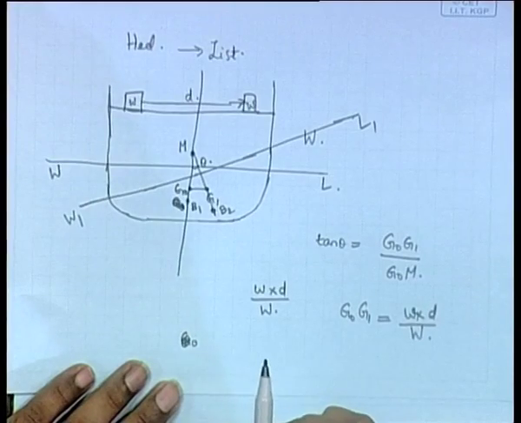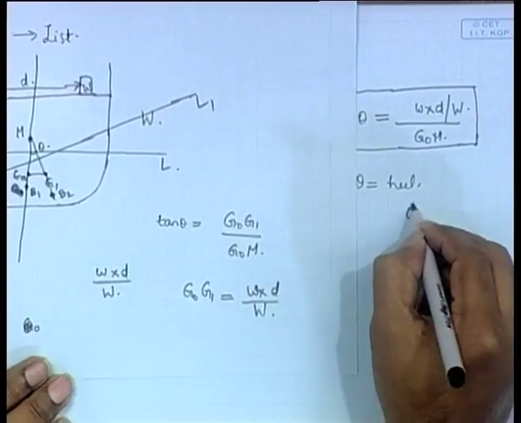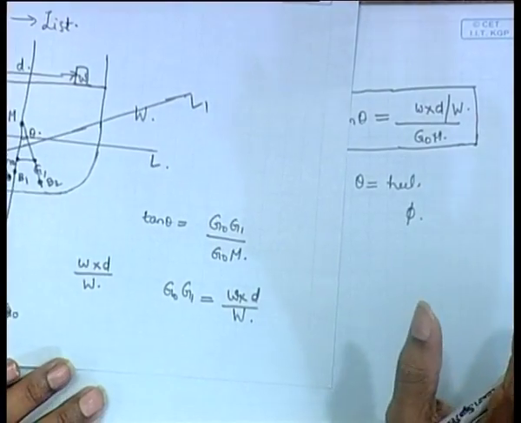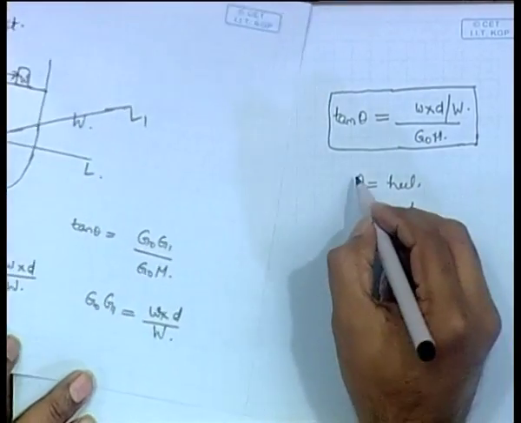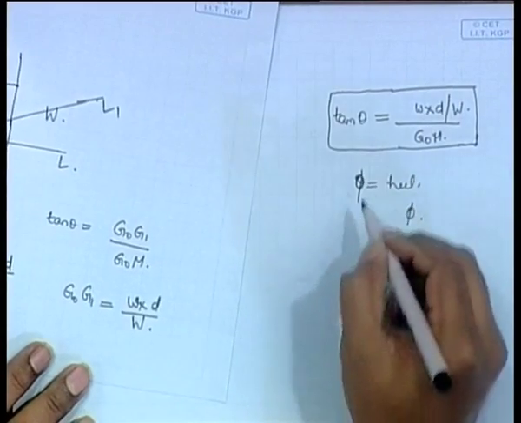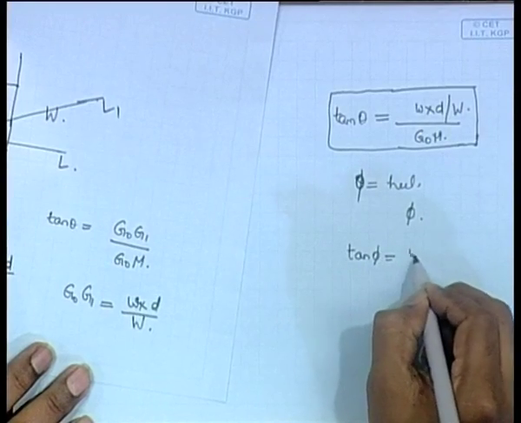I said in the beginning that for heel we will use only phi, and this book has used theta. So, note that this is just your phi. We have talked till now with phi, so we can use phi, no problem. The concept is that tan phi will be given by this.